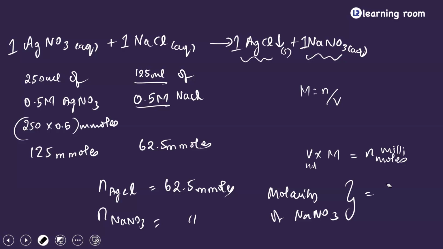Okay, fine, shall we get to the next concept? The molarity of NaNO3 will be number of moles of NaNO3 divided by volume. If the volume is in milliliters below and millimoles above, no conversion is needed; milli cancels and you will get the answer in mol per liter.